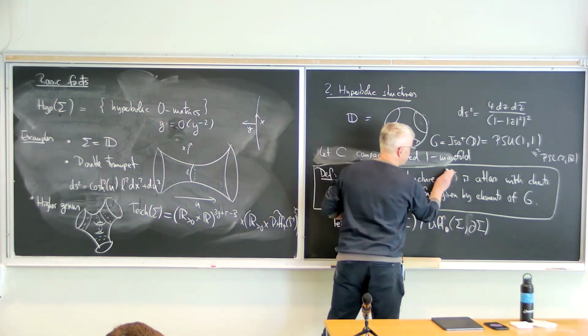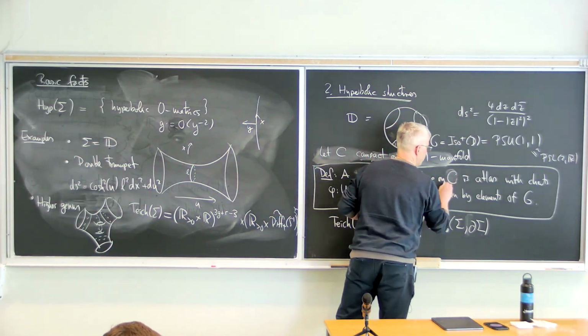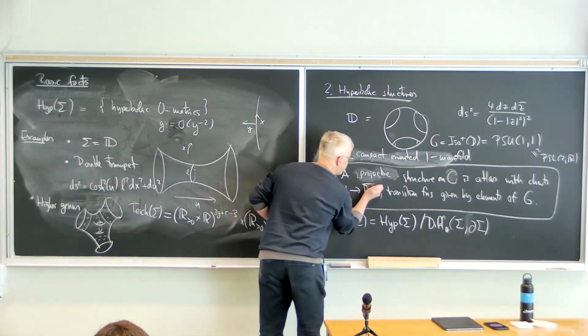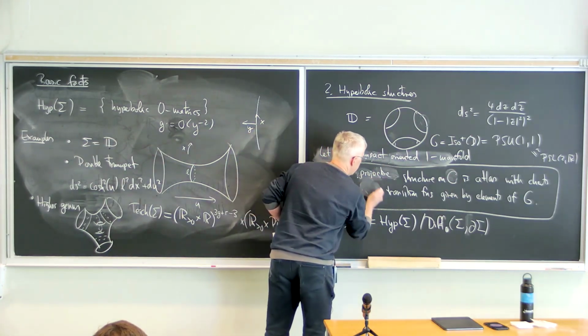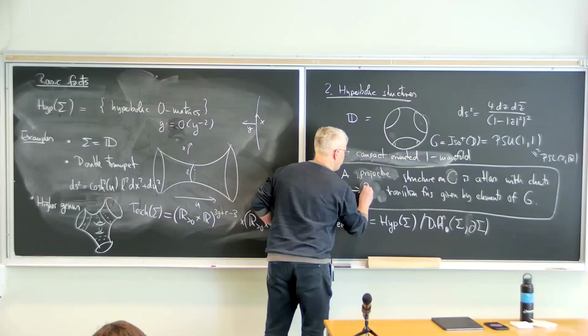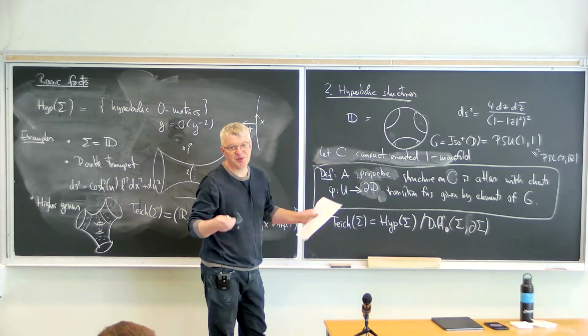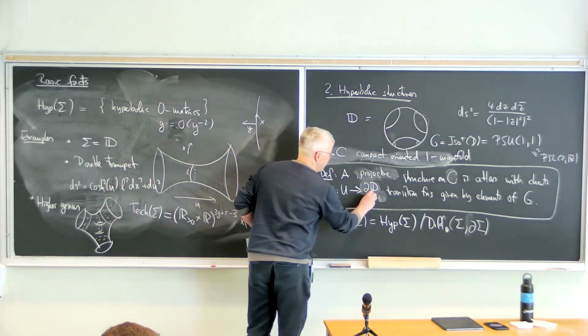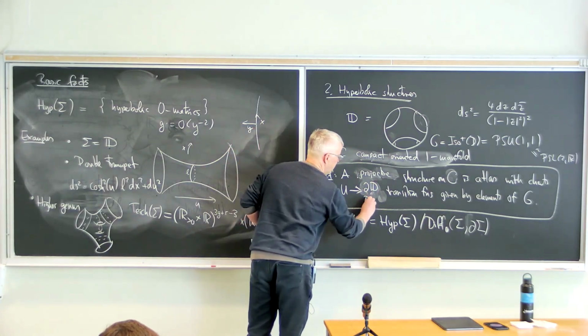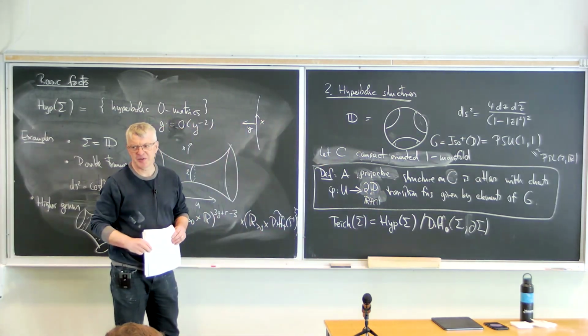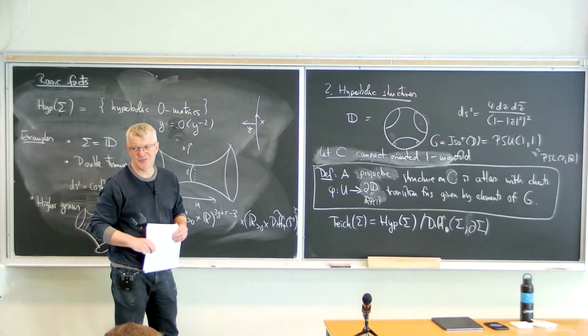A projective structure on this one-dimensional manifold is an atlas with charts, and now the charts take values in the boundary of the Poincare disk, which I can think of as RP1. So it's only circles.